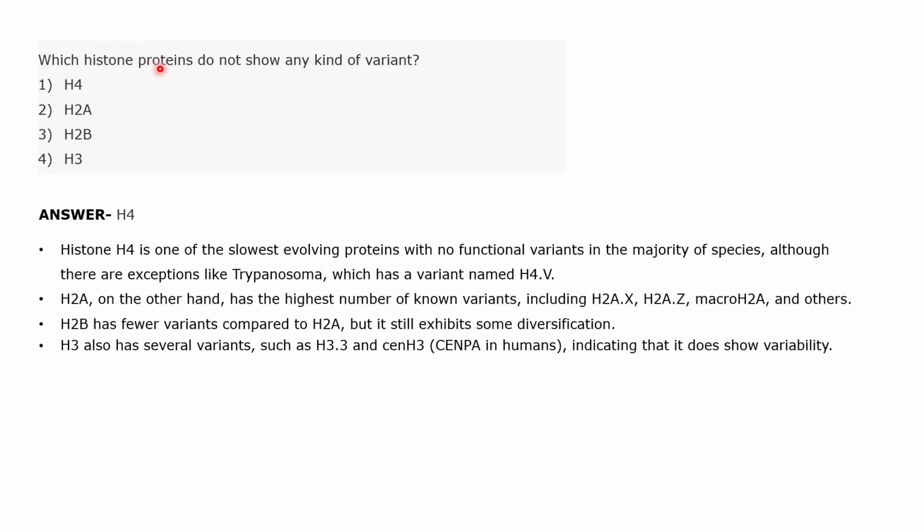So in this case, the histone protein that does not show any kind of variant is H4, and H2A shows the highest number of variants among the histone proteins. I hope I am clear. Does anyone have any doubt?